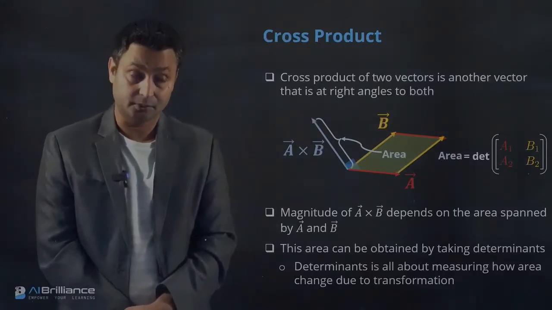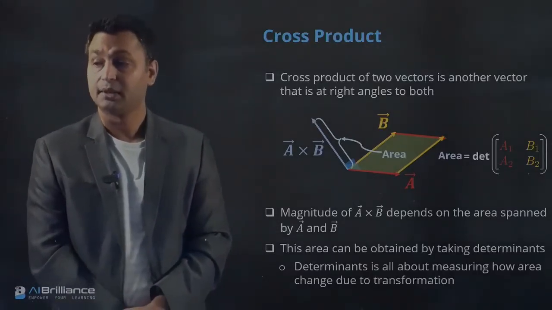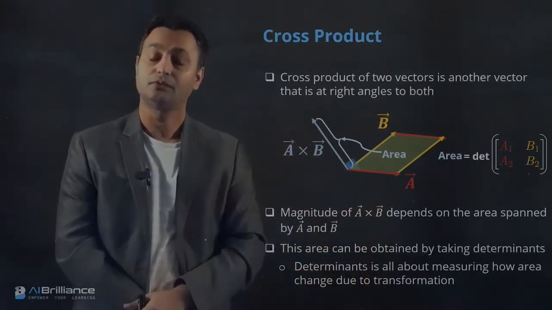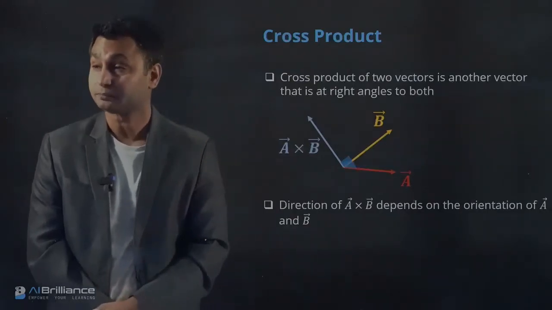This is the geometrical meaning of what the cross product is, and the determinant here is determining the magnitude of A cross B.